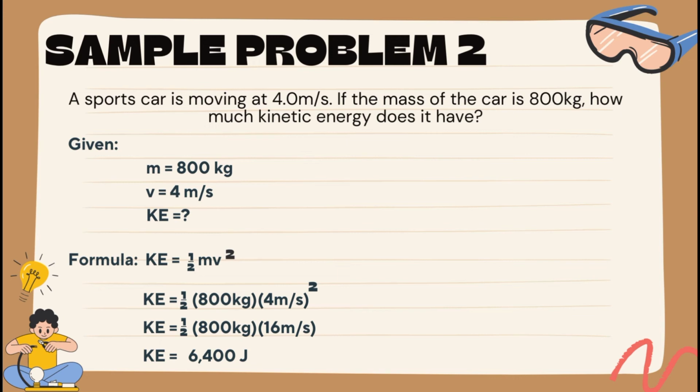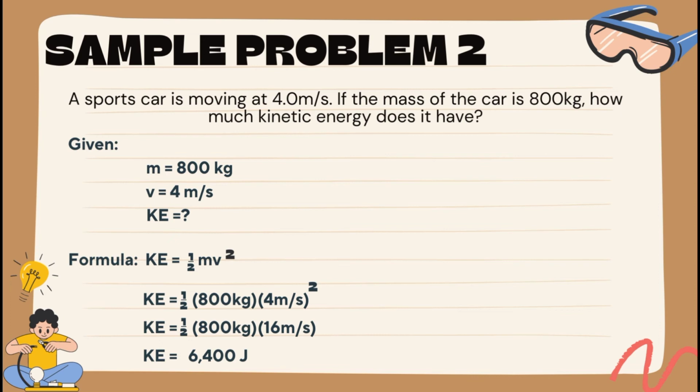So again, before we proceed with the product of the mass and velocity, let's get the square of this 4 meters per second, that is equivalent to 16 meters per second. After that, we need to multiply 800 kilograms by 16 meters per second. So 800 multiplied by 16 is equivalent to 12,800.